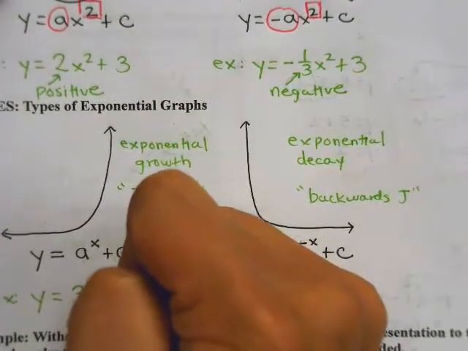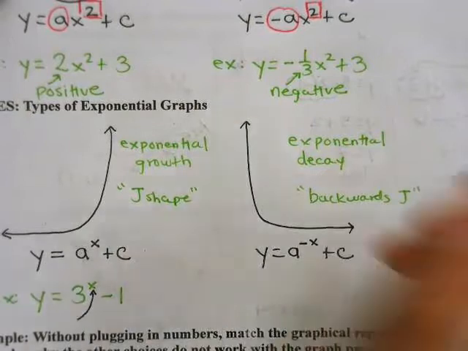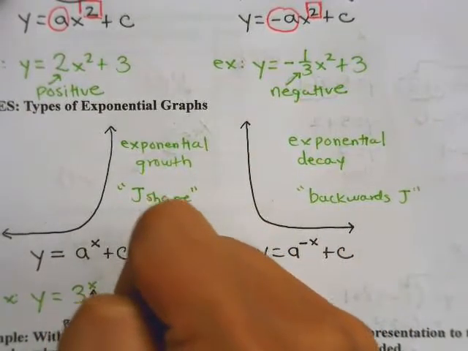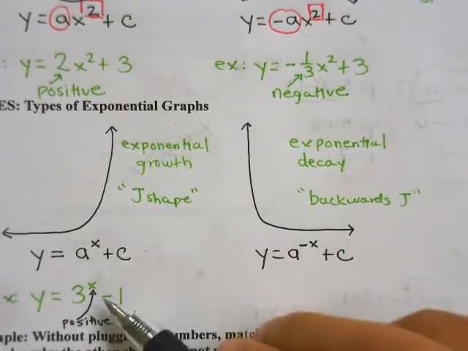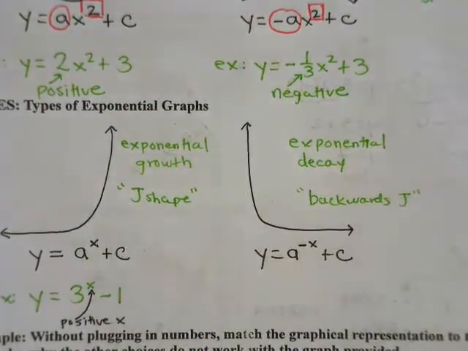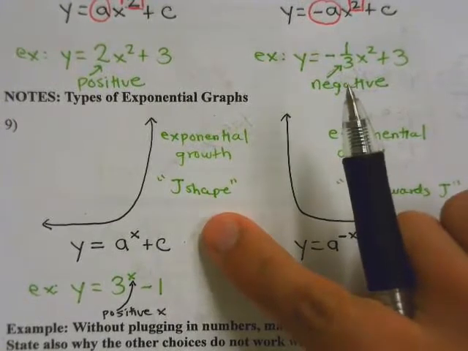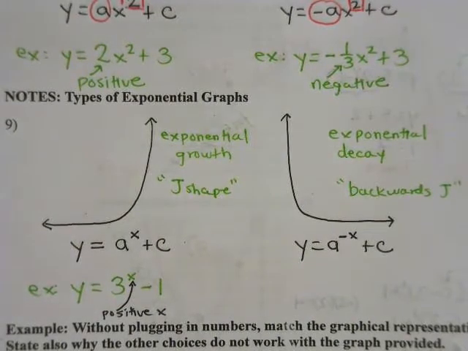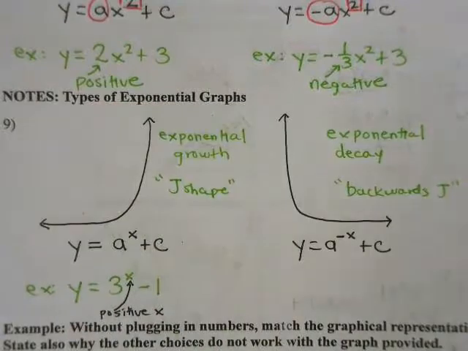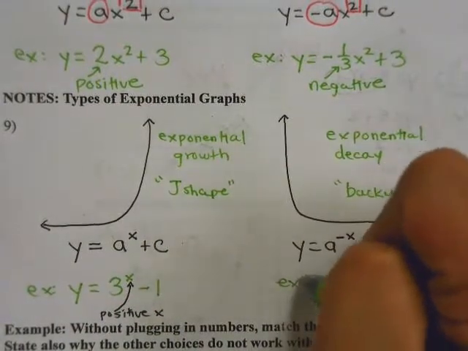So it actually just matters if this is positive or negative. So this is a positive x. So if you see a positive exponent x, it's going to be a J shape, and it's going to be an exponential growth that will look like this. Okay. And then for this final one, and then we can tackle a couple problems.